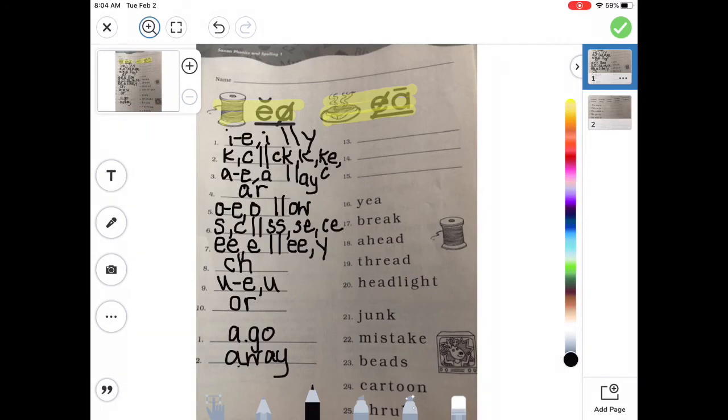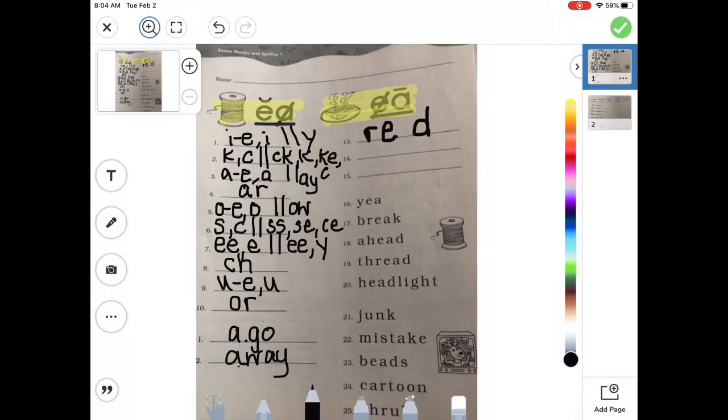All right, let's try another word. What if I want to spell the word "red"? Red. So if I hear red, I hear R, then E, and then D. But look, is that red like I read a book? No, that's red like the color red.